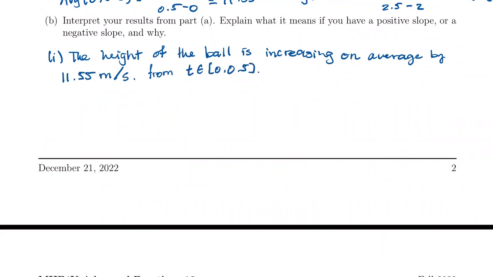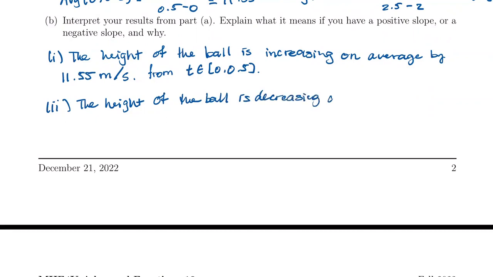And similarly for the second one, we would say that the height of the ball is decreasing on average by 8.05.